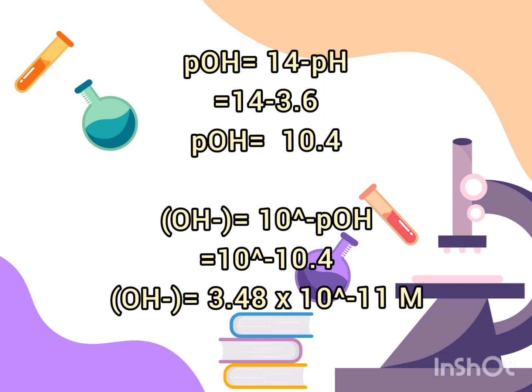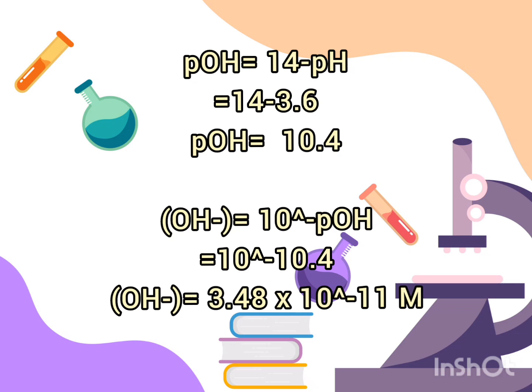Now, let's proceed in getting our pOH. pOH is equal to 14 minus pH. Since our pH is 3.6, we substitute it here. So 14 minus 3.6 is equal to 10.4. So our pOH is 10.4.